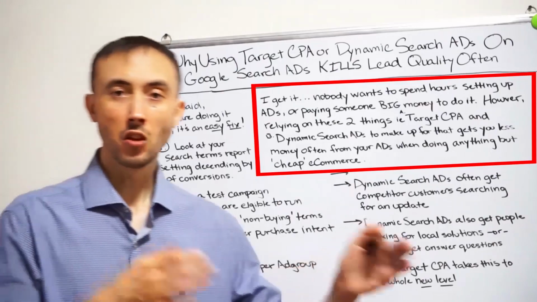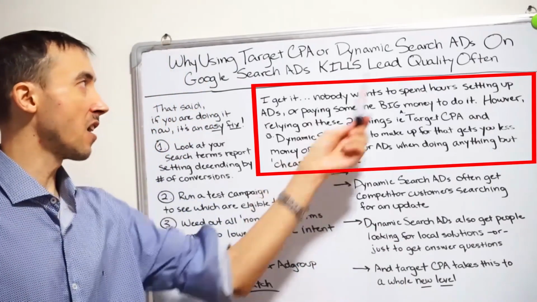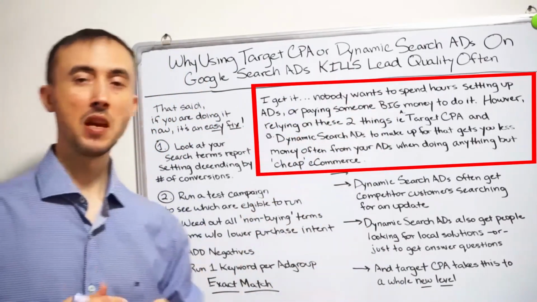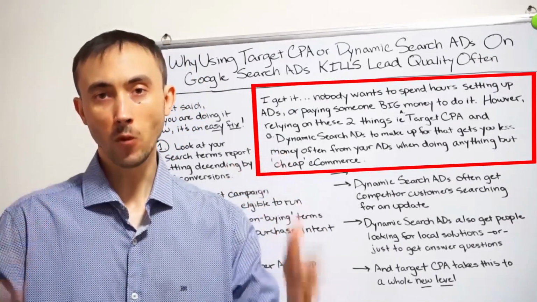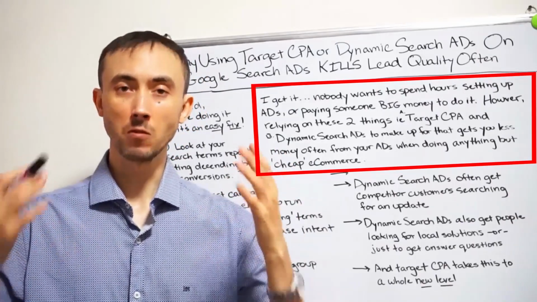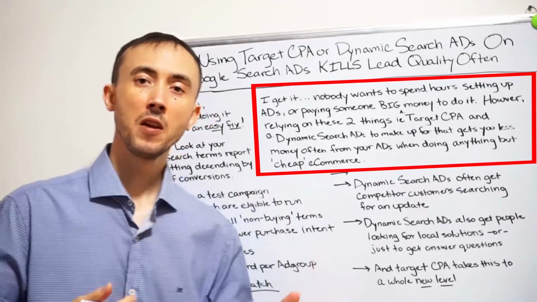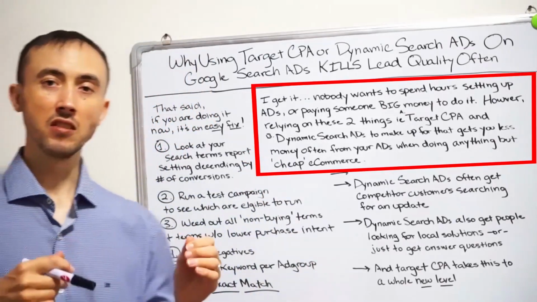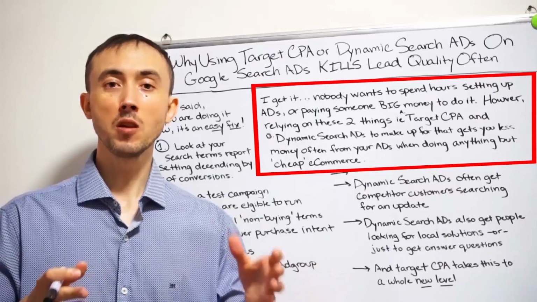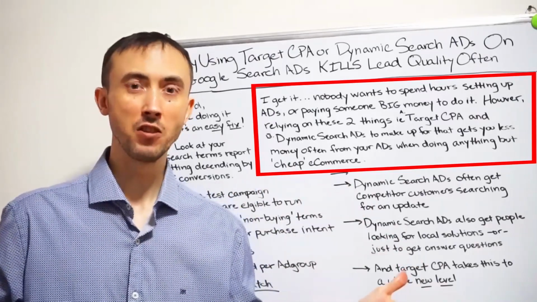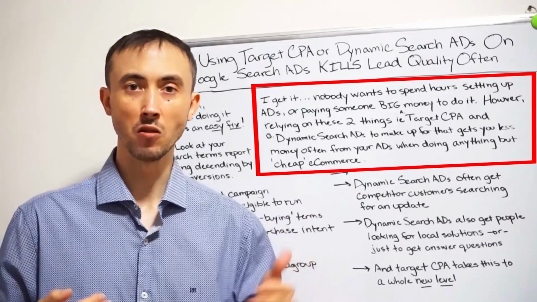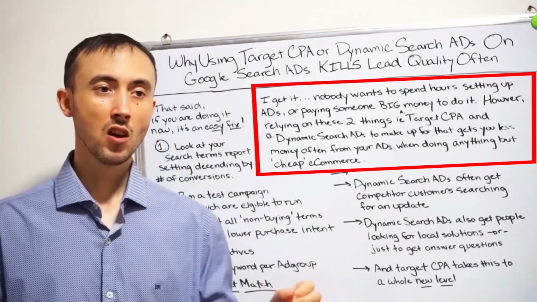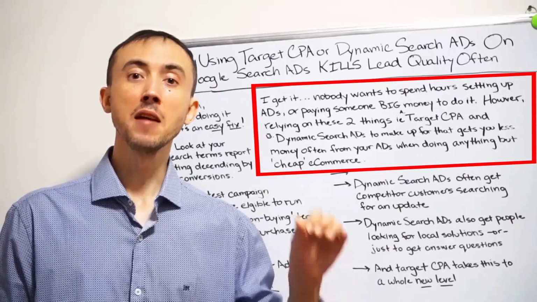One of the things they'll do when they set these up is rely on dynamic search ads and Target CPA because it takes less work. There's more done for you by means of Google's system itself. And what I'm telling you is, this is true with life in general: anything that's easy and automated is going to be less good than doing it yourself. The question is, is it going to be good enough to still get by?